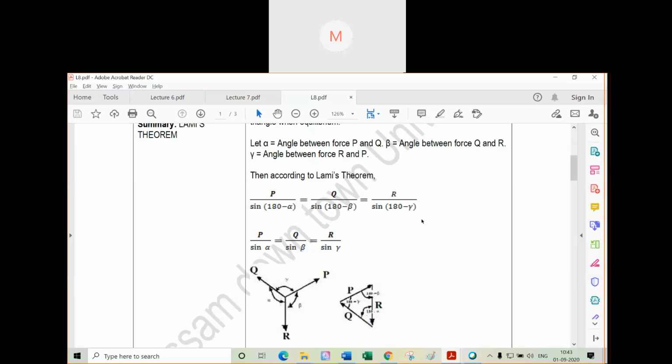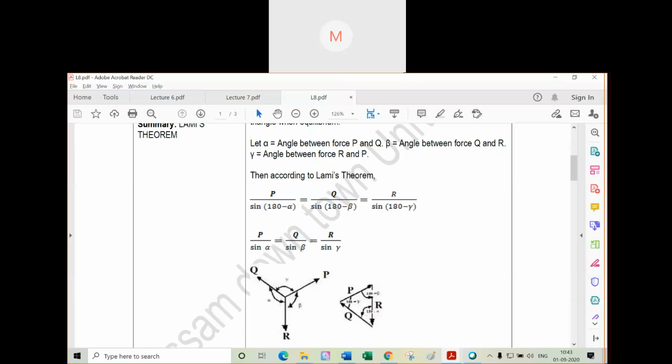This is one. This is an identity, okay? Just remember this thing. This is simply the formula for Lami's theorem. So eventually we can write this one like this. So remember this thing. Okay?